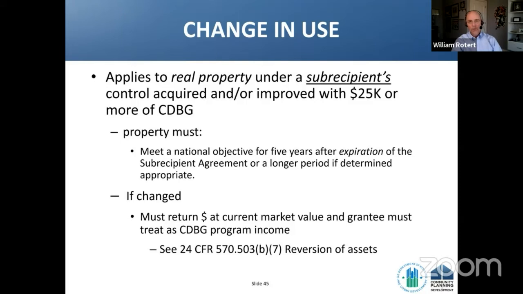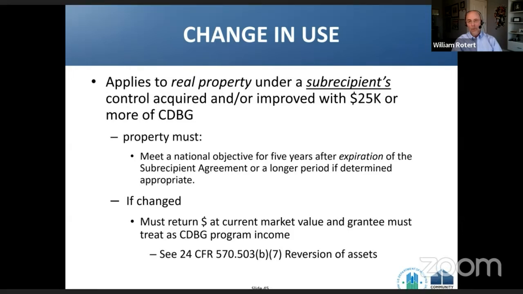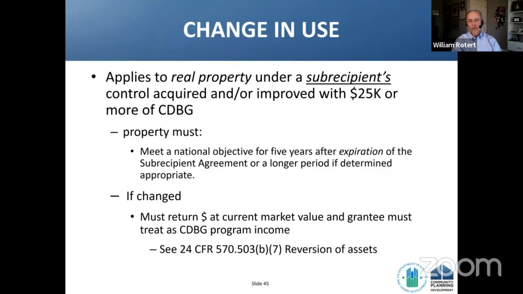I know for some CDBG grantees that also operate under the HOME program, they often will go back to those timetables that are built into the HOME program and will require that this property be used for its intended purpose for more than 5 years. But the minimum requirement is 5 years after expiration of the subrecipient agreement.